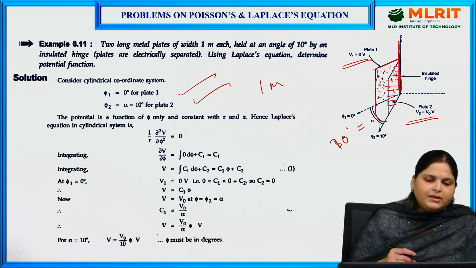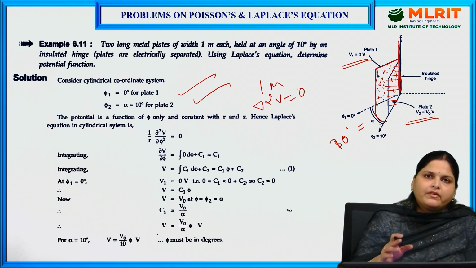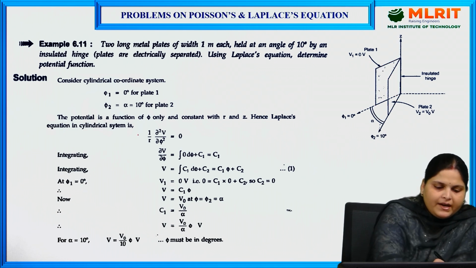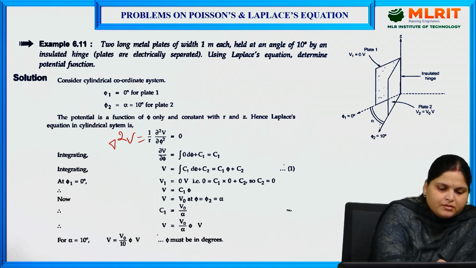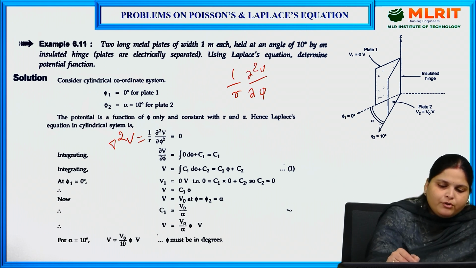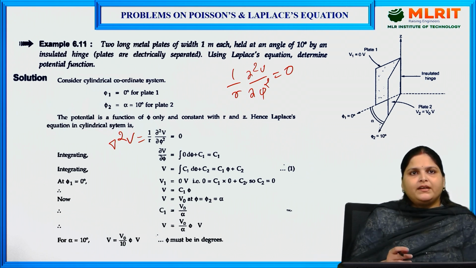So as per the Laplace equation, del square v should be 0. So this we will consider only for phi. So only that term we will write, and this becomes 1 by r square, dou square v by dou phi square is equal to 0, right? We have to find out the potential function.